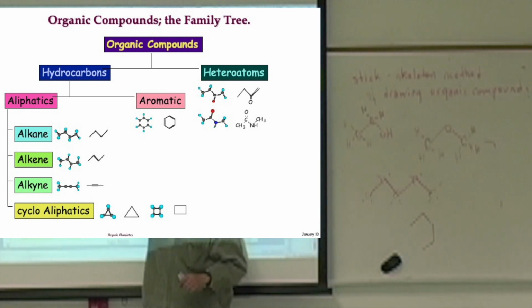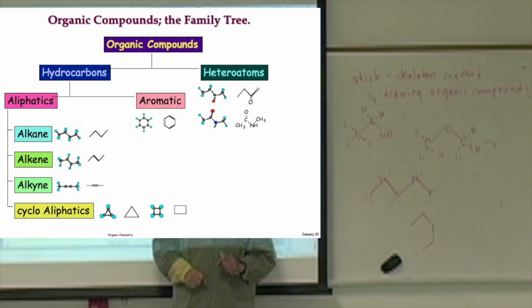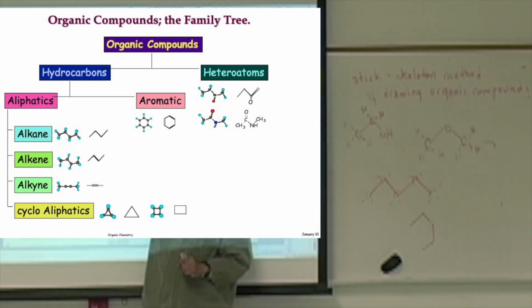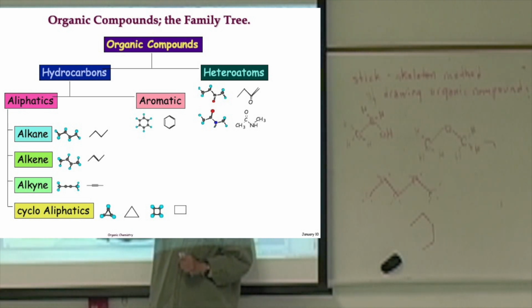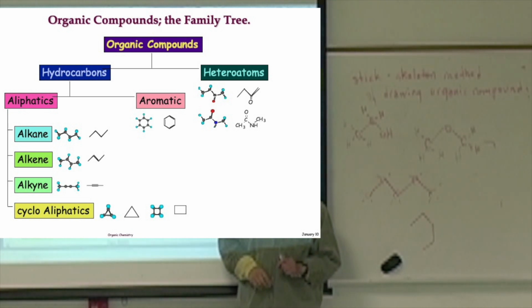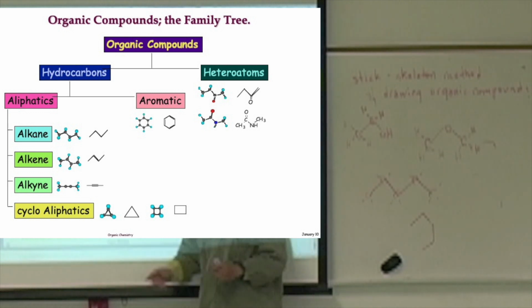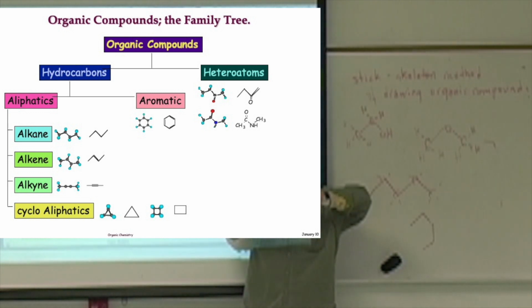Ane tells you single bonds throughout the chemical. Ene tells you somewhere in there's a double bond. Yne tells you somewhere in there's a triple bond. And cyclo tells you somehow they're arranged to form a cycle.